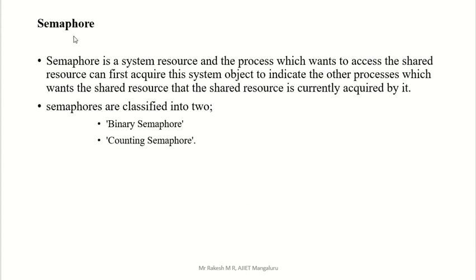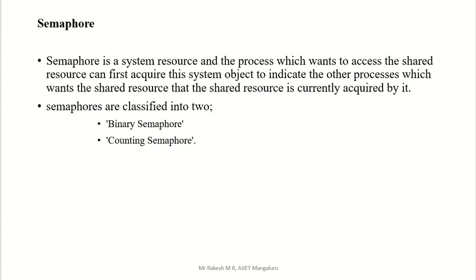We have another concept called semaphores. A semaphore is an integer variable, and by using that integer variable we can avoid many synchronization problems like race around condition and deadlock. It is a software solution, not hardware.